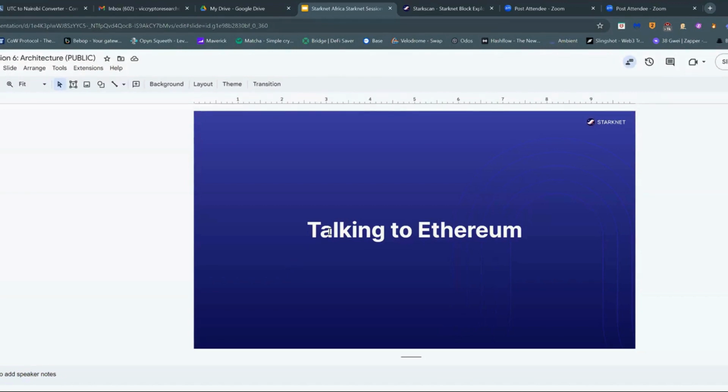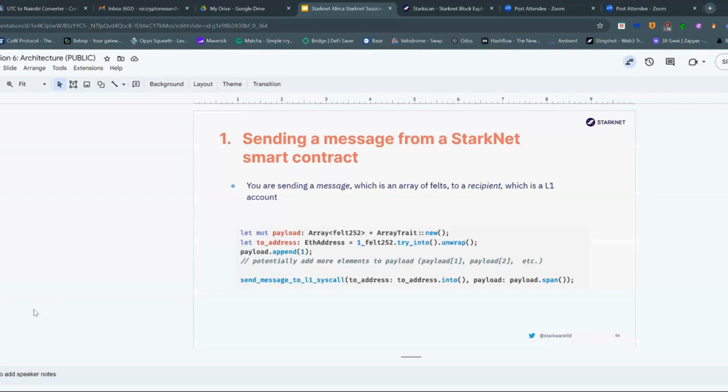Okay, so let's go over how Starknet is able to communicate to Ethereum. To be able to communicate to Ethereum, Starknet is able to send a message to the Starknet core smart contract, which is stored on Ethereum layer 1.